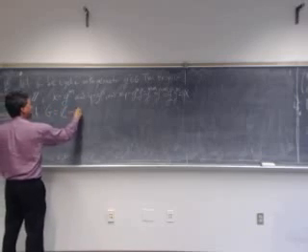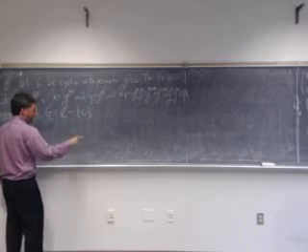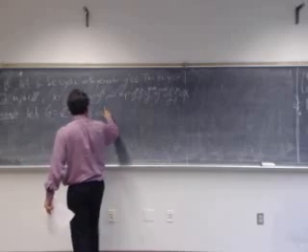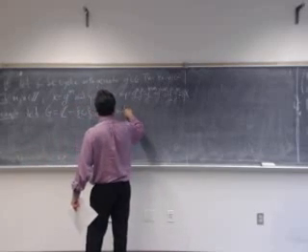So an example, let G be the complex numbers, take away 0, the non-zero complex numbers under multiplication.